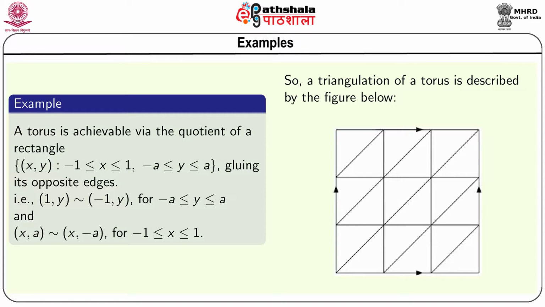So, we get a torus flattened as a rectangle as shown in the diagram, and we get a triangulation by drawing triangles in the surface.